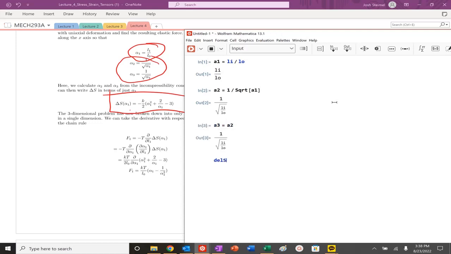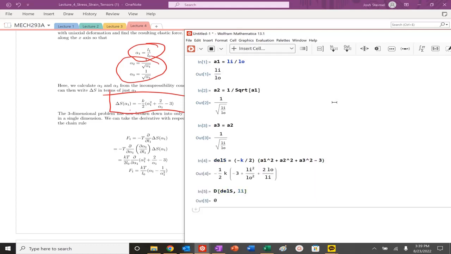Delta S is equal to minus k divided by 2, where k is Boltzmann's constant, obviously, times A1 squared plus A2 squared plus A3 squared minus 3. Take the derivative of delta S with respect to L1.